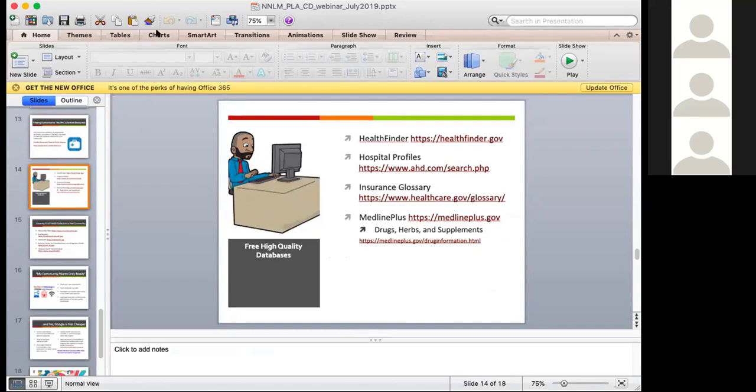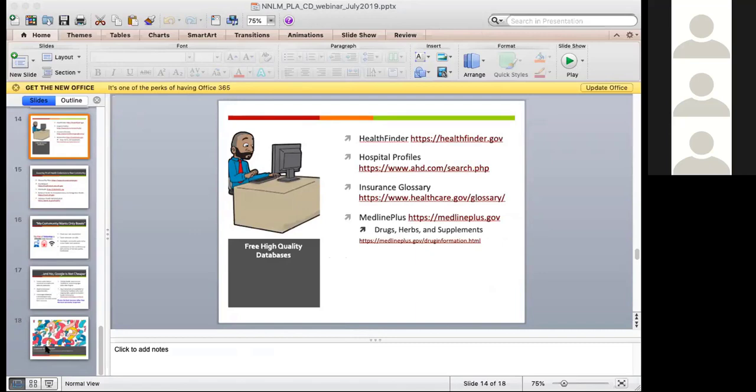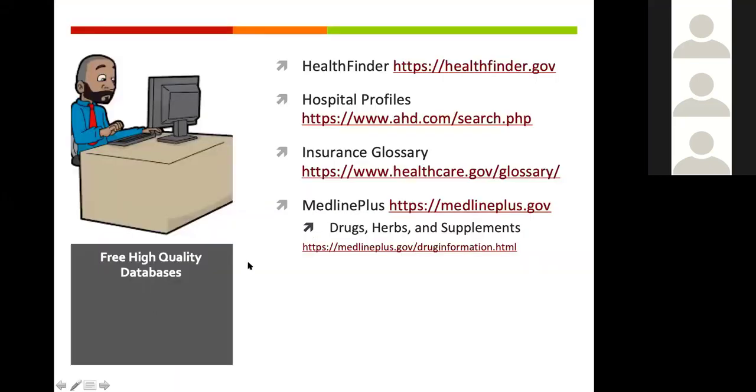I need to move this over so that I can, in fact, get us to the right view. Okay. Thanks for all your patience.